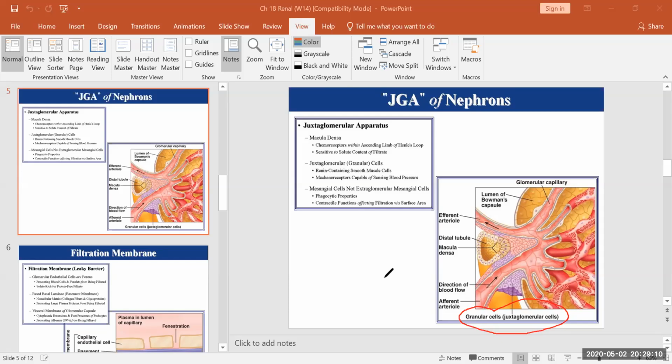But because of that, they are also fragile. They are very, very sensitive to high blood pressure, and they can burst. So because of this, these two, the macula densa cells and the granular cells, are there to protect against wild blood pressure fluctuation in this localized vascular bed, specifically the glomerulus.